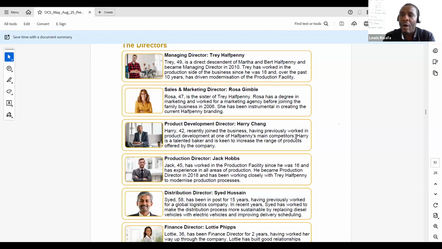So the first thing I need you to ask yourself is, which costing method are they currently using? And what is the alternative if they're going to increase their range of products?